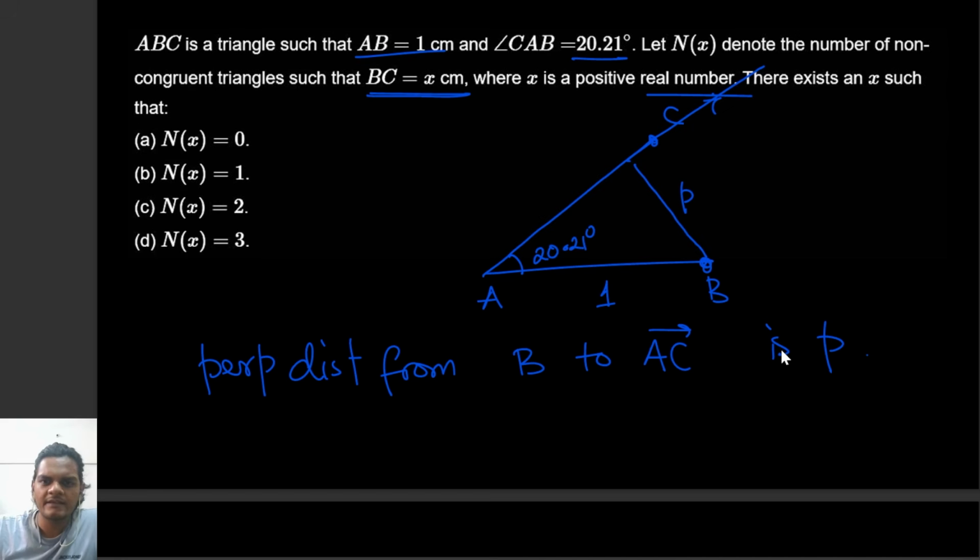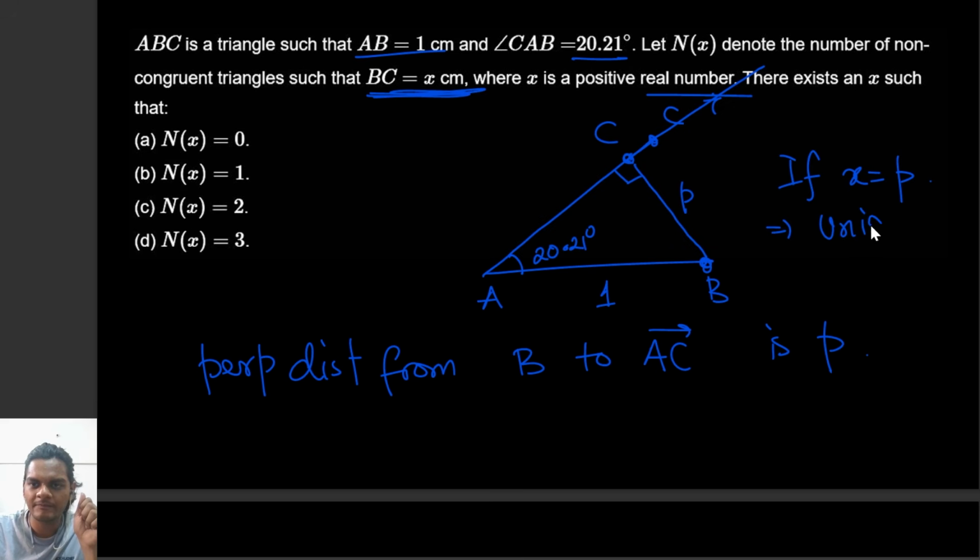Now we see that if x is equal to P, then we have only one triangle, a unique triangle. If this was C, ABC would be a unique triangle with the given description. It depends on what is the value of x, right? This implies a unique triangle.